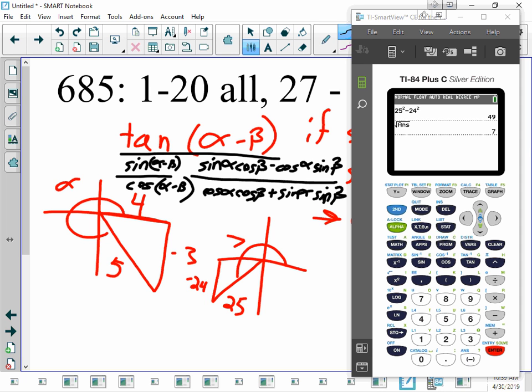Now I use the triangles to figure it out. The sine of alpha is negative 3 over 5 times the cosine of beta, which is negative 7 over 25. And now I put minus. The cosine of alpha is 4/5, and the sine of beta is negative 24 over 25.